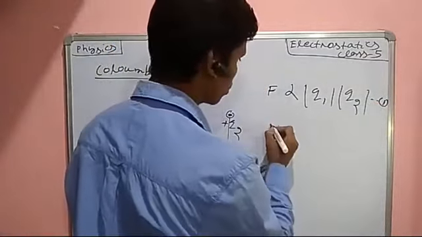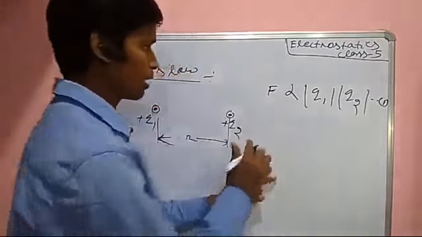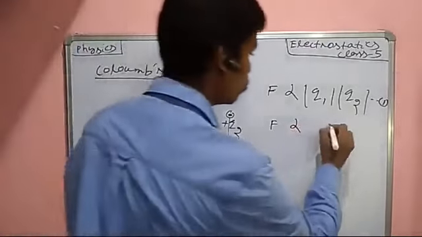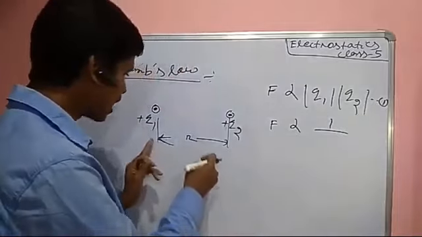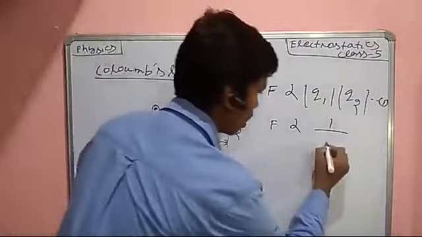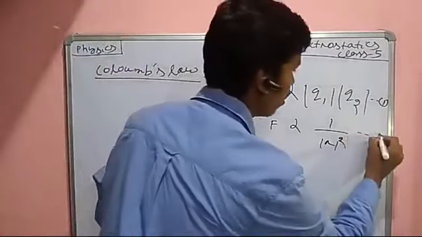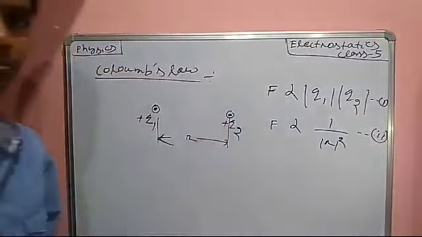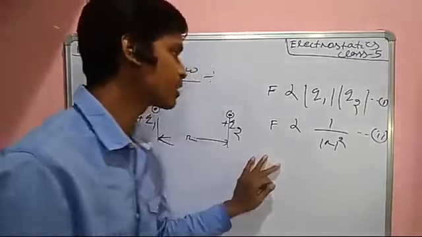Second, F is inversely proportional to the square of the distance between them. The distance between two charges is R, and the square of that distance. This is equation 2. This is Coulomb's law.